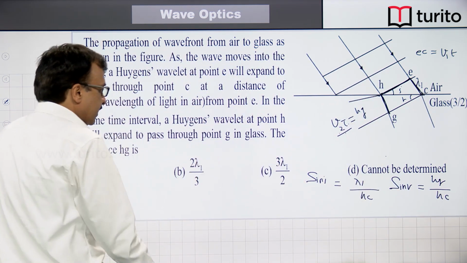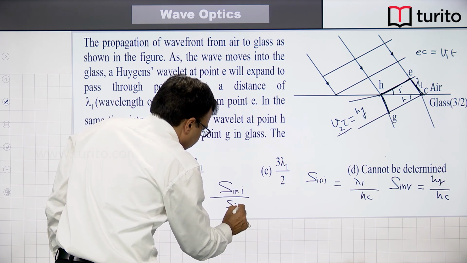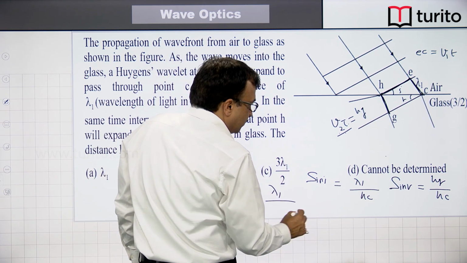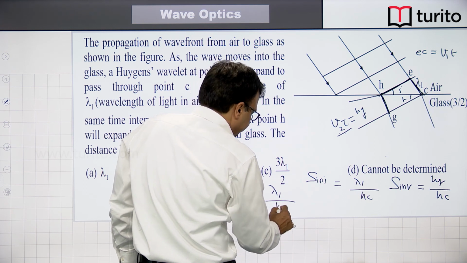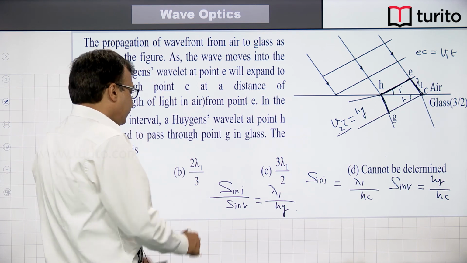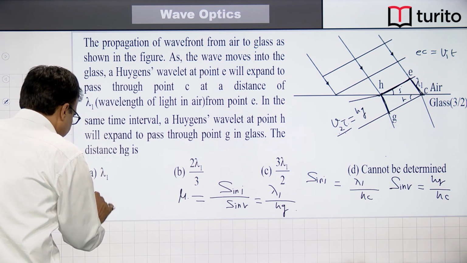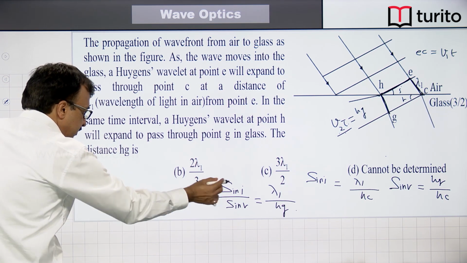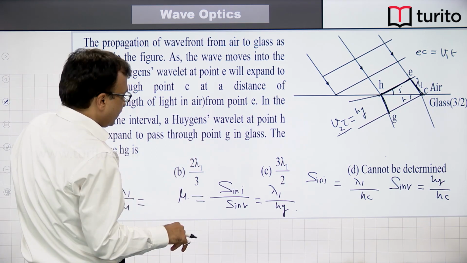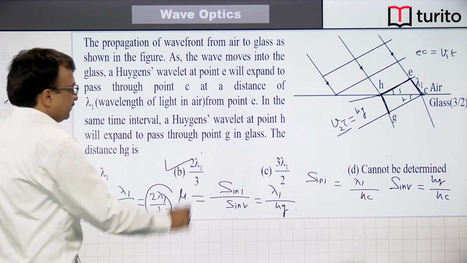So, sin i upon sin r equals lambda 1 upon HG. Sin i upon sin r by Snell's law is the refractive index mu. So, we get HG equals lambda 1 upon mu, and the value of mu in the question is 3/2. So, it becomes 2 lambda 1/3. So, this is the answer of the question.